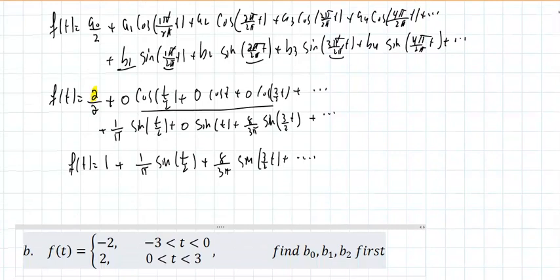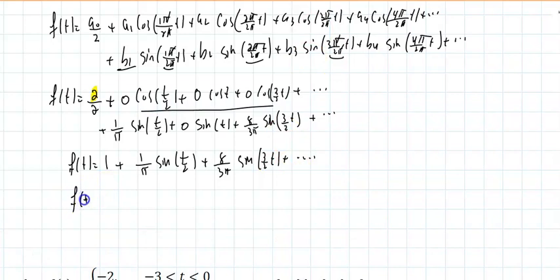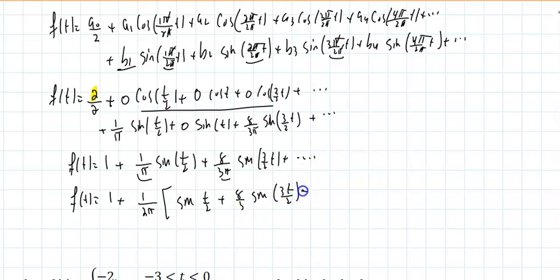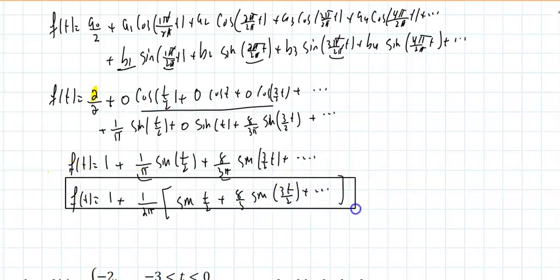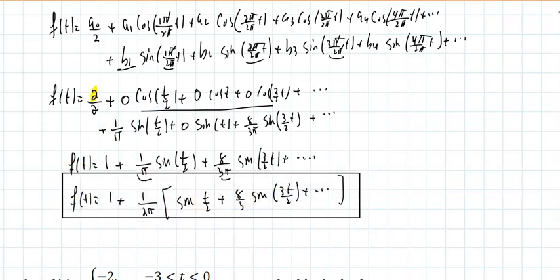What they do in the book, they factor out the 1 over 2 pi. And they say that is the sine of t over 2 plus, if you take the pi out, that is 8 over 3 the sine of 3t over 2, and the list goes on. And that would be the Fourier series for this function f of t.